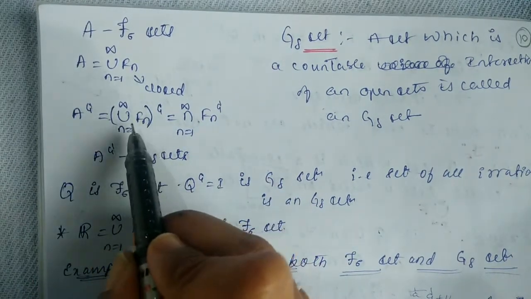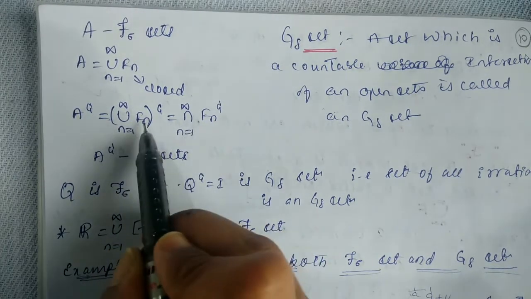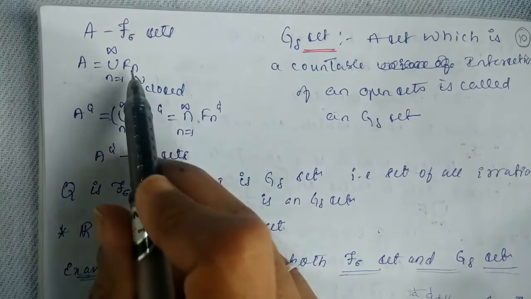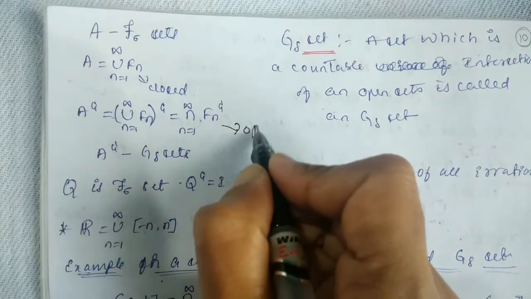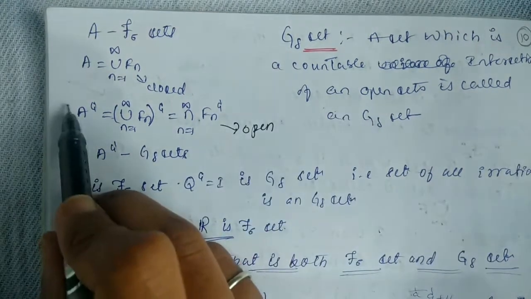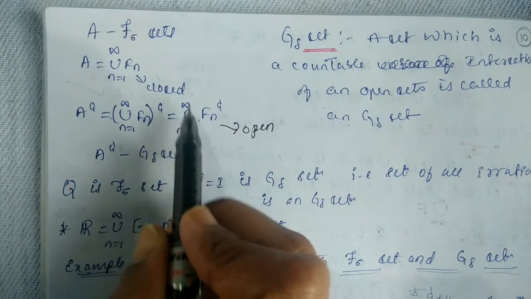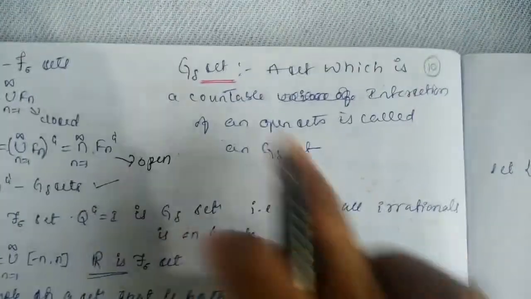Take the complement on both sides: union n from 1 to infinity of F_n complement. Union becomes intersection, and F_n becomes F_n complement. Since F_n is closed, F_n complement becomes open, because the complement of a closed set is an open set. So A complement becomes a countable intersection of open sets, which is nothing but a G delta set. So here is the definition.